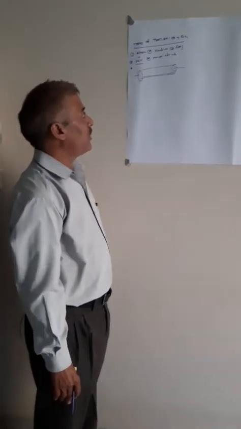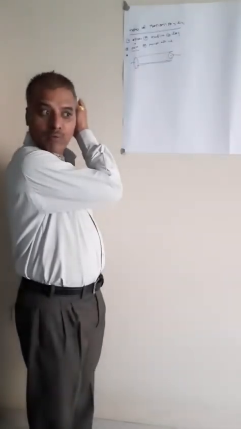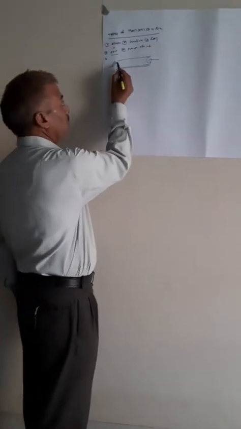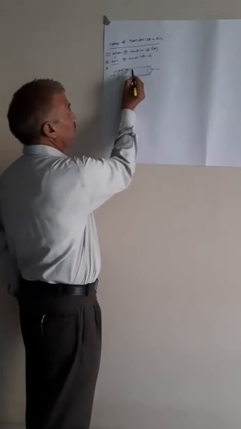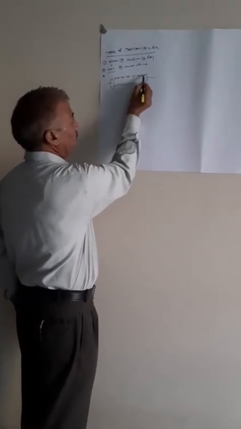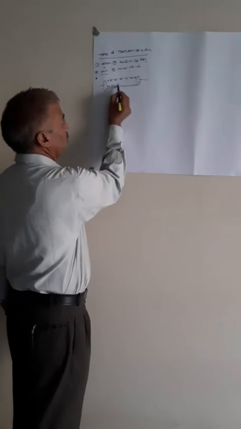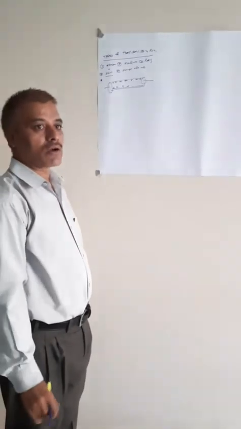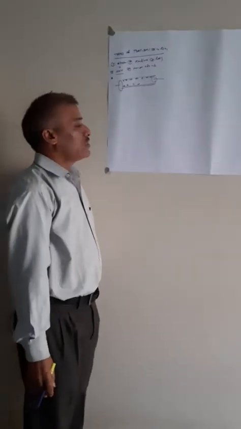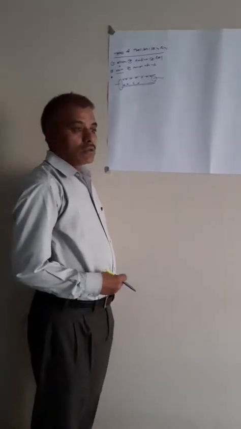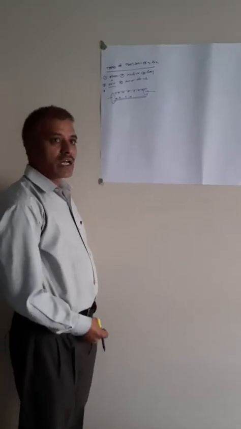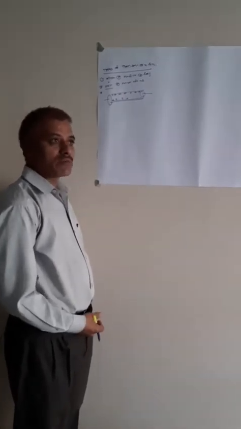In this skin effect, there is no uniform distribution of voltage or current. The current is not uniformly distributed. What is the drawback of this effect? The current is concentrated near the surface of the conductor.